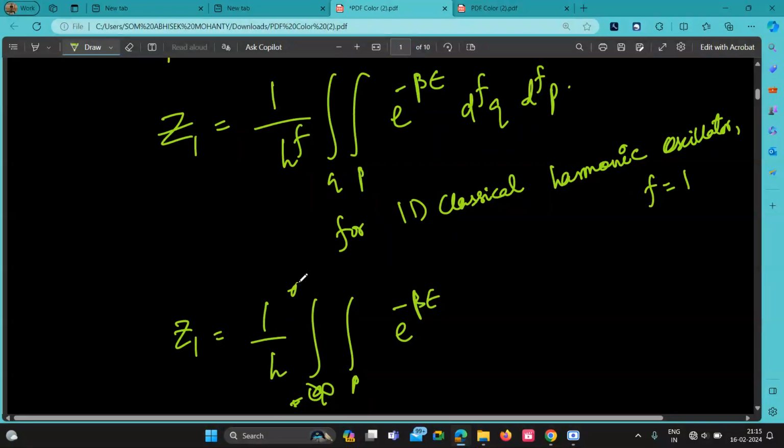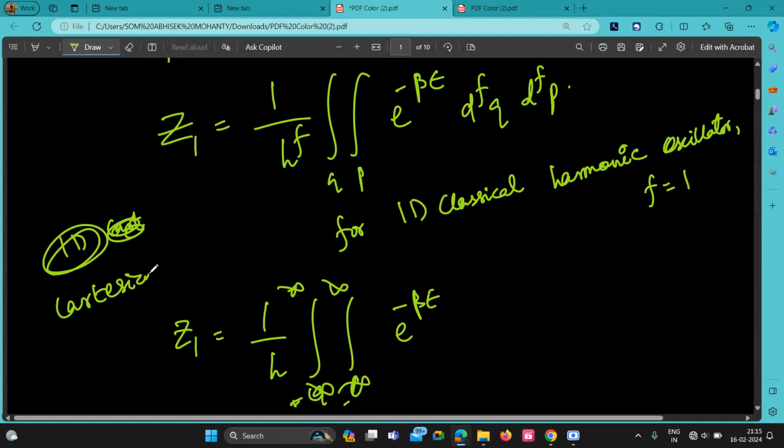If you remember, we had done it in one of the previous sessions. Since it is 1D Cartesian, Cartesian coordinates will be used, and here your limits will be minus infinity to infinity. dq will be converted into dx.